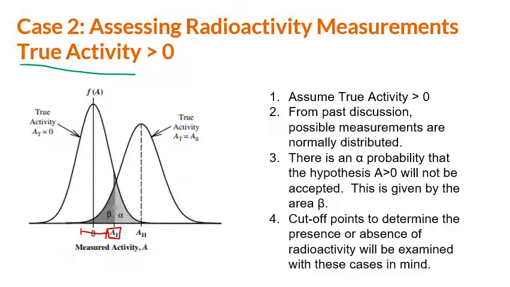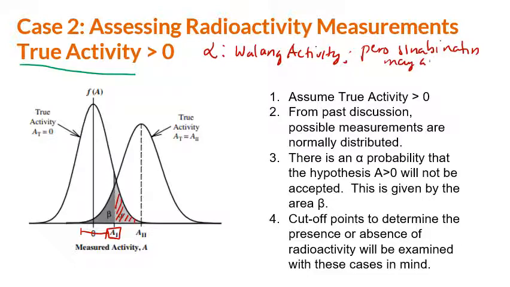Okay? So let's recall yung variable alpha and beta. So yung alpha dito, class, dito, yung area na ito, itong alpha na ito, ang sinasabi niyan is walang radiation, walang activity, pero sinabi natin may activity. Okay?